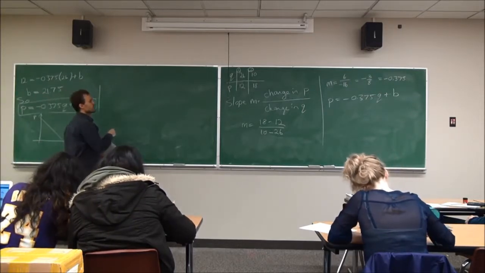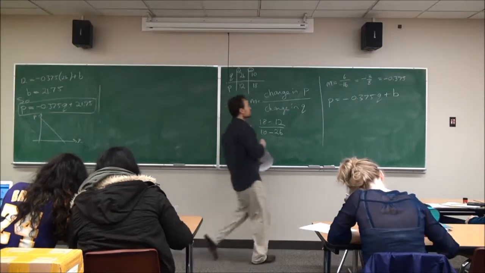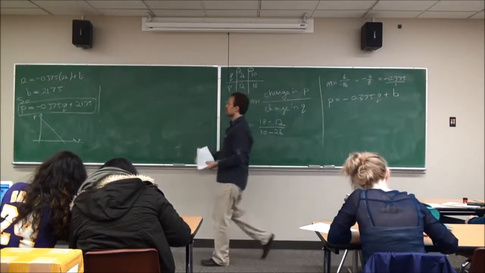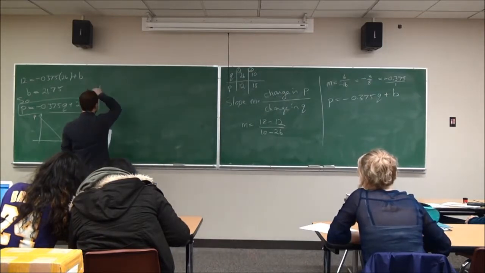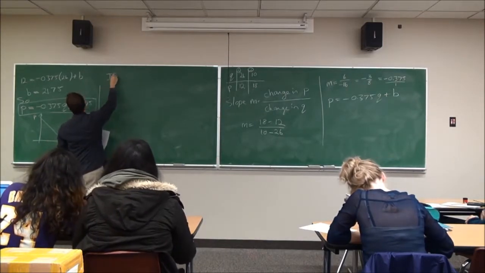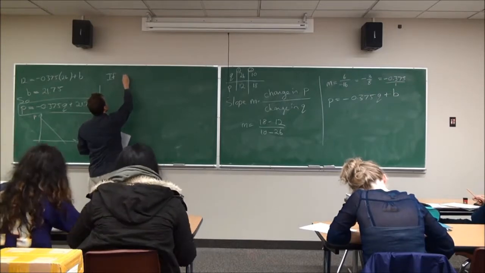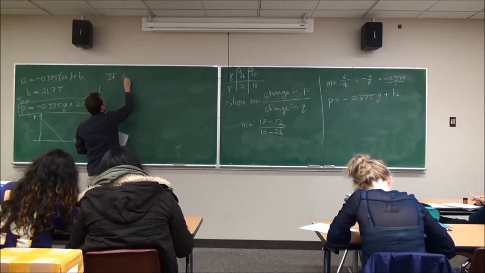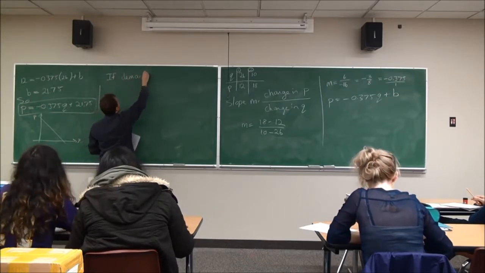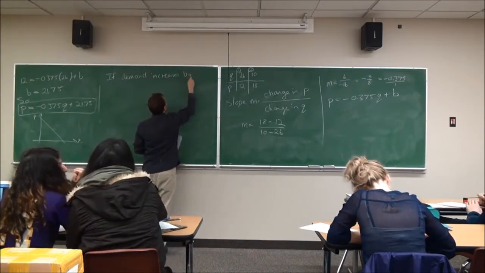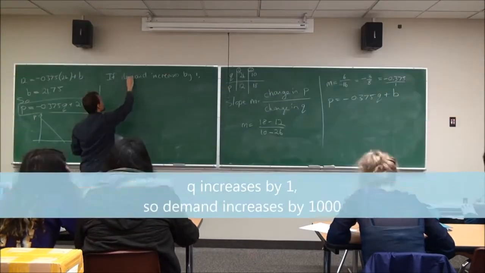Let's interpret the slope quickly. Negative 0.375 over 1. That'll do. Which one's at the top and which one's at the bottom? Quantity, the bottom. So if the demand increases by 1, what happens to the price?